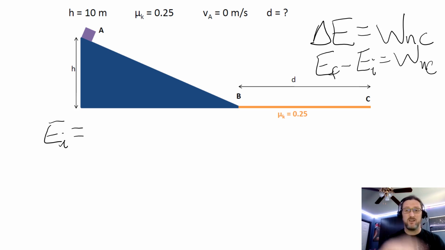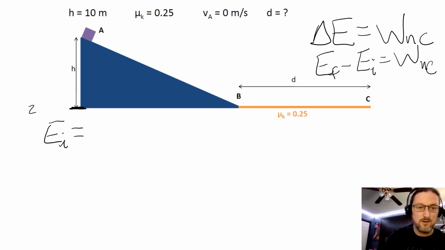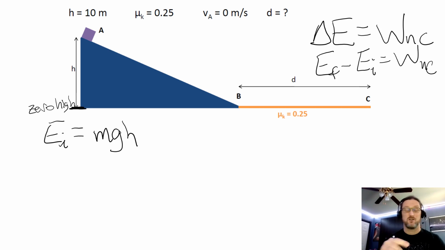There are no springs anywhere in this problem, so we don't have to worry about spring potential energy, but we do have gravitational potential energy. Remember, if we look up the formula for that, it's m times g times h. And in this case, zero height is right there, which is also the same place we'd have zero gravitational potential energy. So it really has mgh amount of energy right there, right?